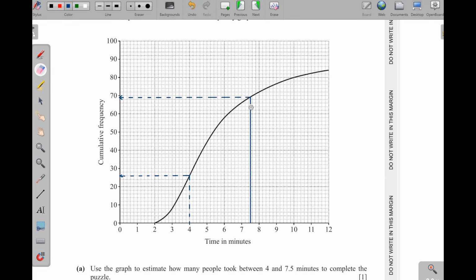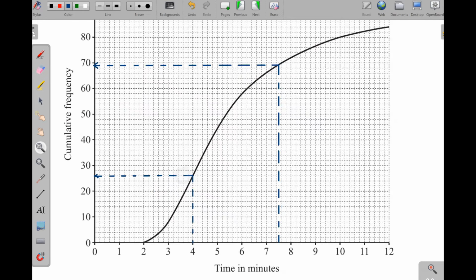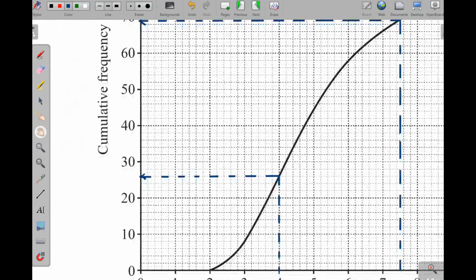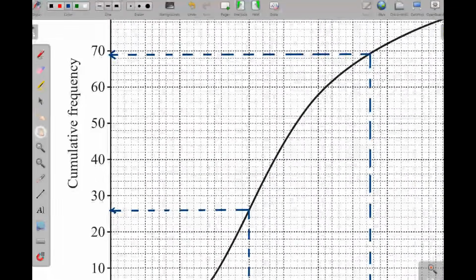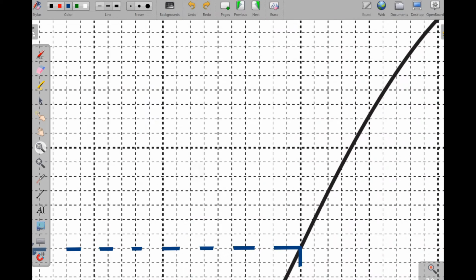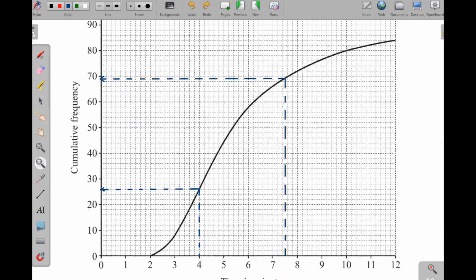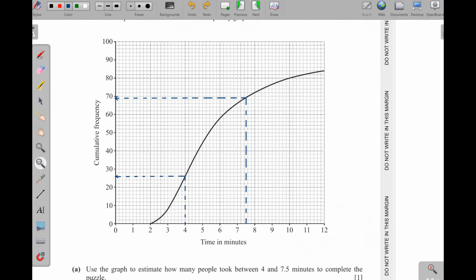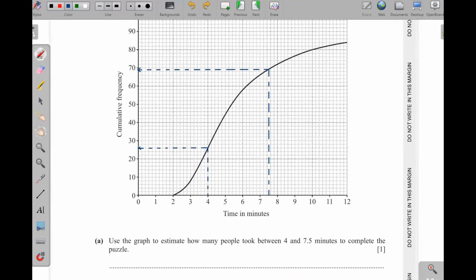Then we get the difference between the two, because they have said in between, right? So when you look at what we are having here, if this is 60 and this is 70, what is the equivalence of a small box here?